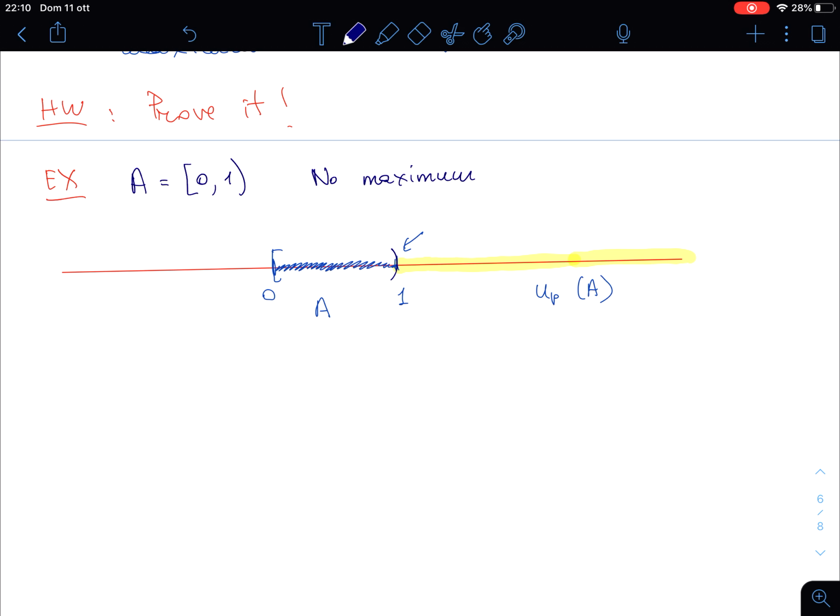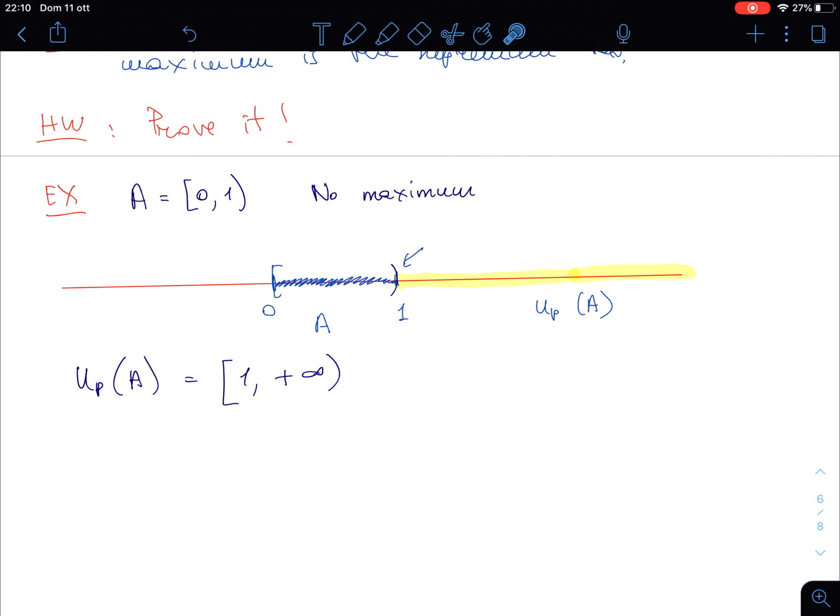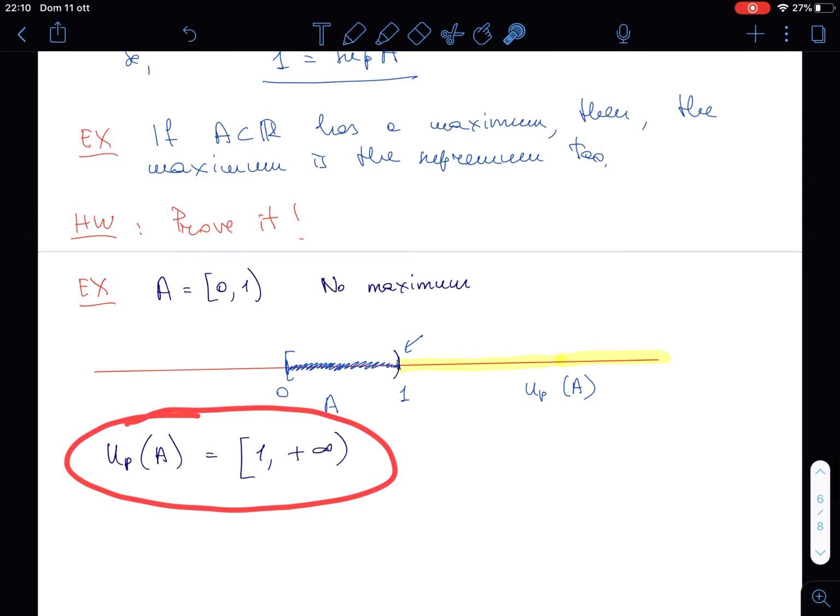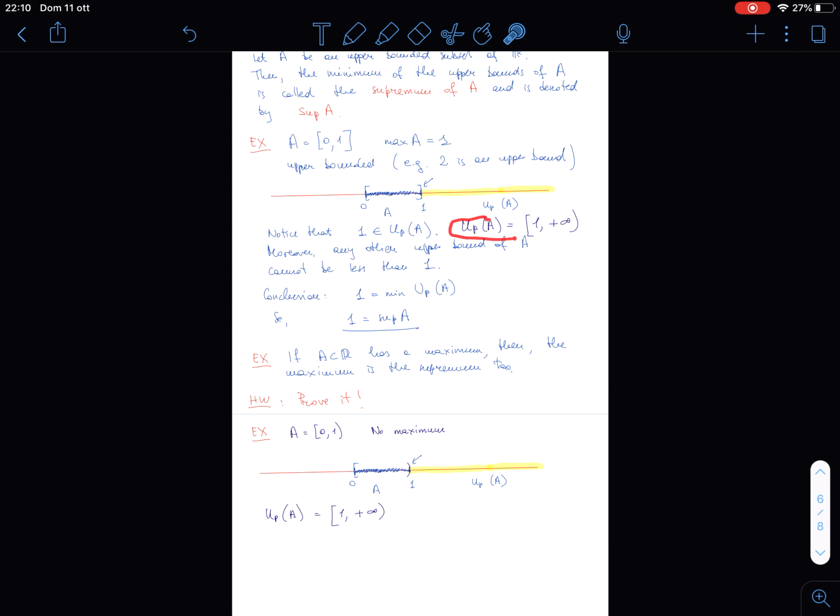But the set of the upper bounds is again the half-line 1 to plus infinity, and of course 1 is included. 1 is included because 1 is an upper bound for the interval 0, 1 open on the right. I want to stress this fact here. This is the set of the upper bounds of A. Go to the last example and the set of the upper bounds of A was exactly the same.